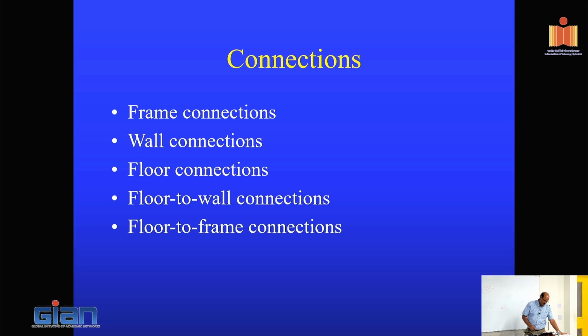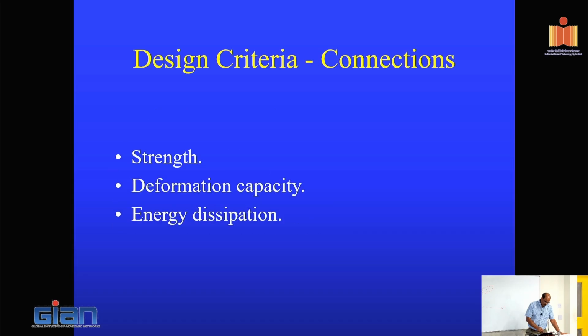The structure also tested all of these: frame connections, wall connections, and then floor connections, wall to floor and frame to floor connection behavior as well. All three aspects obviously have to be looked at, whether it's cast in place, precast, or jointed: the strength, deformation capacity, and the energy dissipation.